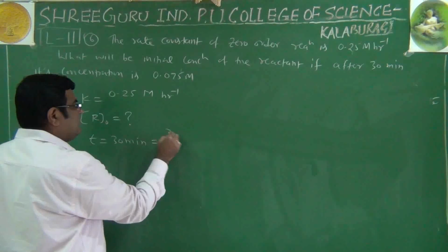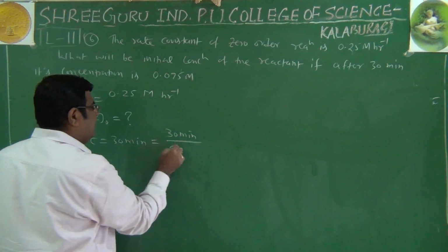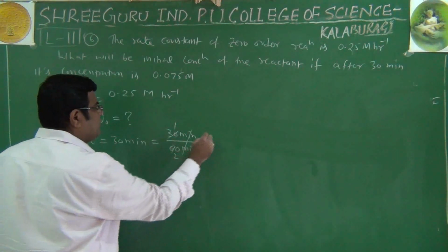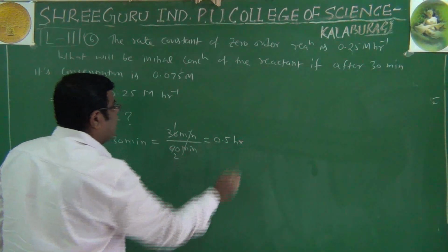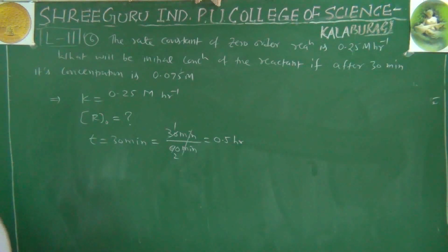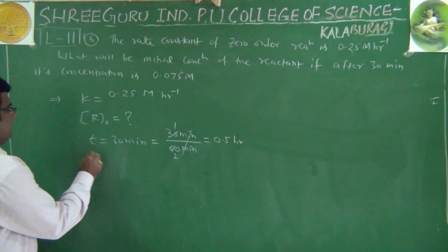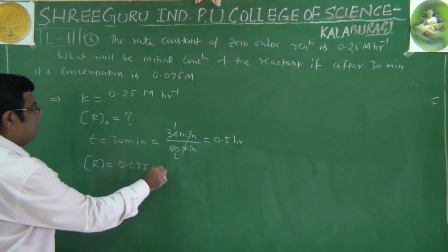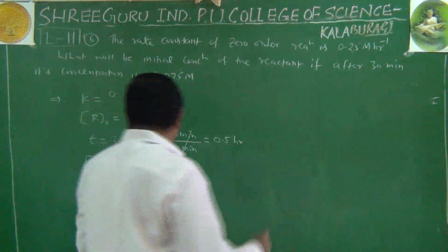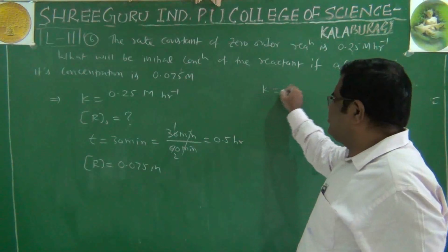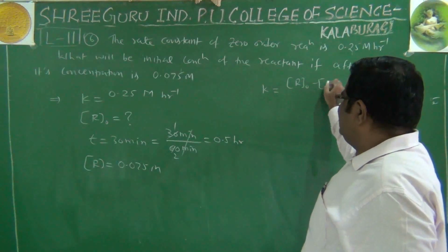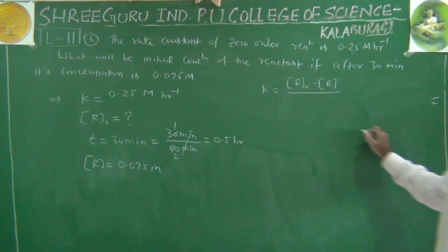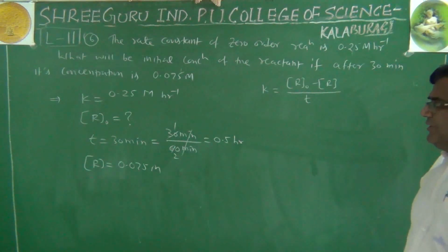So we can write 30 minutes divided by 60 minutes for 1 hour, which is 1/2, so we can write this as 0.5 hour. And the concentration of reactant after this is equal to 0.075 mole per liter. So you can write K equals initial concentration minus the concentration after time T, divided by the T here.